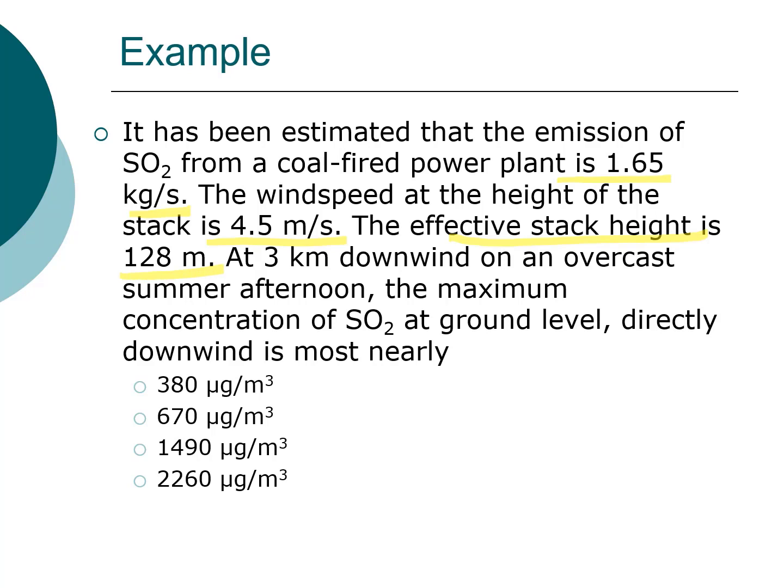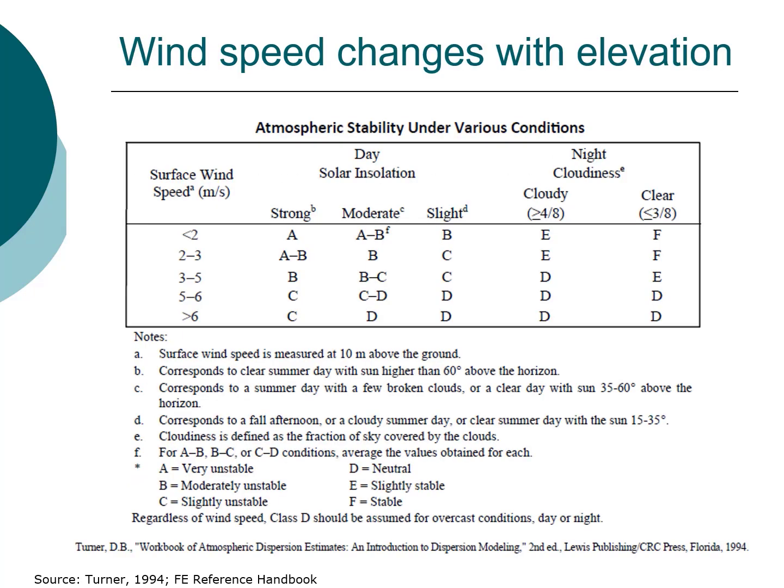And you're asked for the concentration 3 kilometers downwind. You're told it's an overcast summer afternoon, and you want the concentration at ground level along the center line. So again, we'll need to look at this table here.